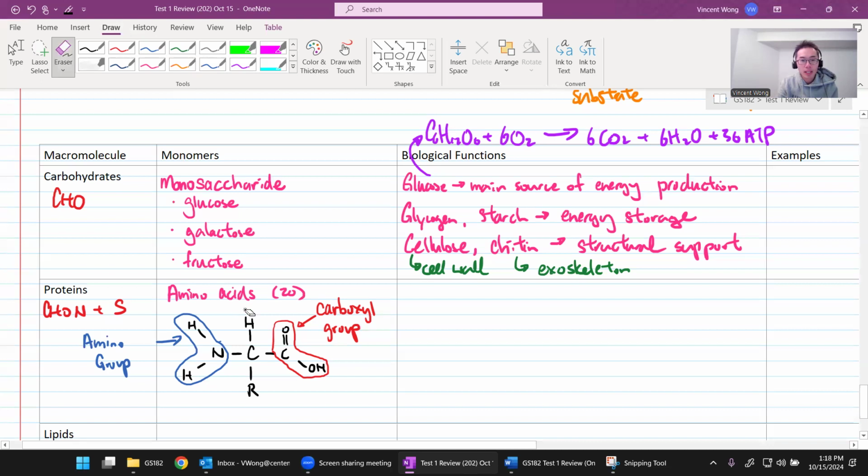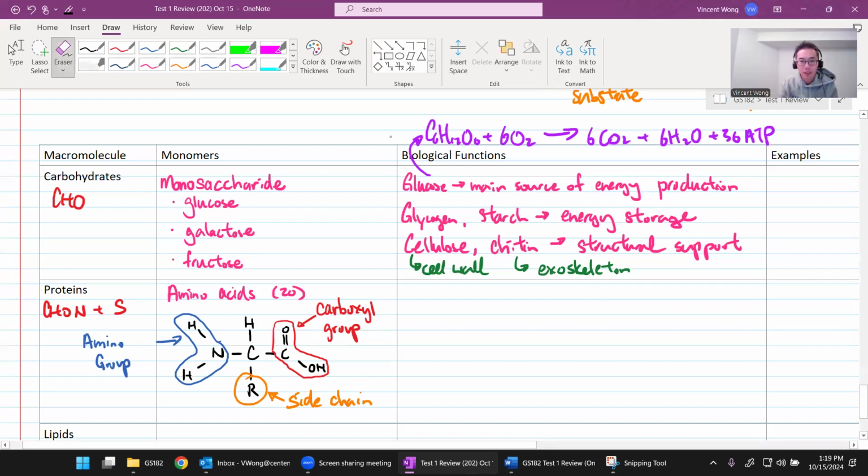Okay, so all 20 amino acids are going to have the same core structure. What makes them different from each other is the R group, which is the side chain. So there are 20 different side chains. Some are polar, some are non-polar, some are acidic, some are basic, some are positive, some are negative, right?